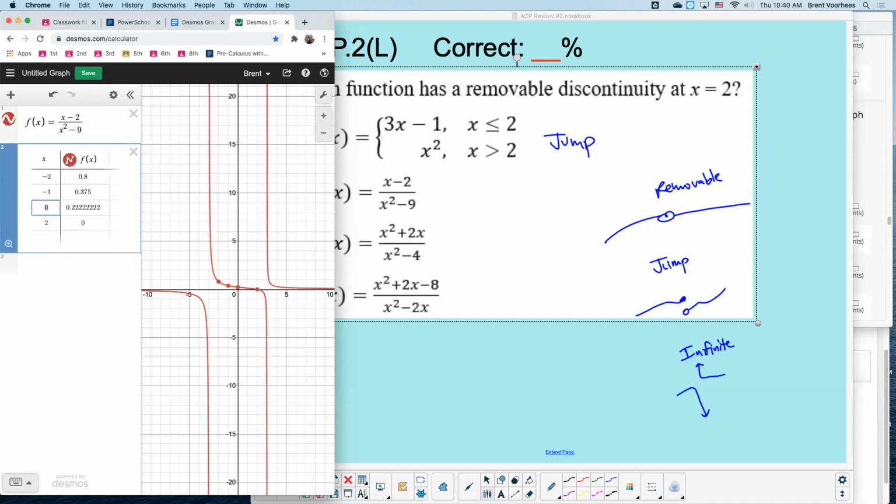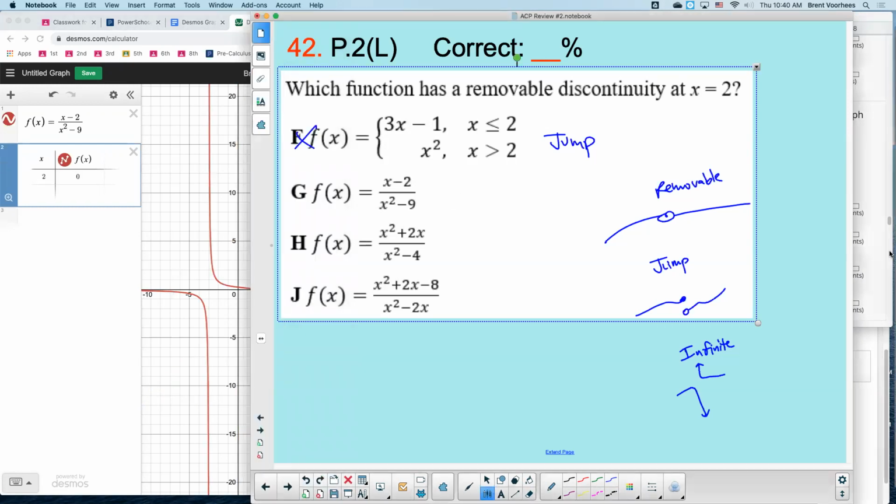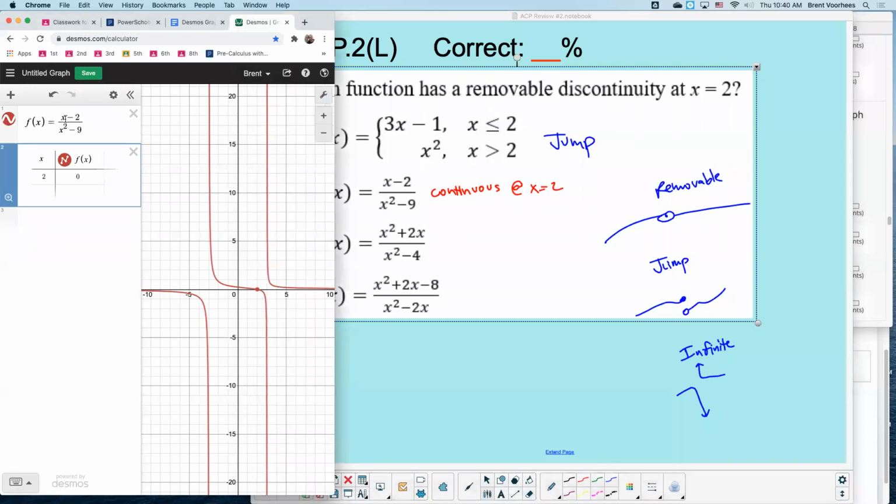So I'm only concerned with 2. It's not even broken at 2. This graph is not broken. So it's not this one. This is continuous at 2. It's not that one.